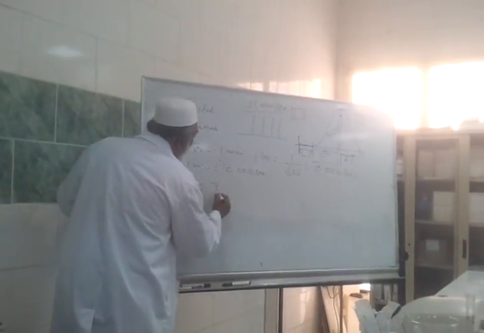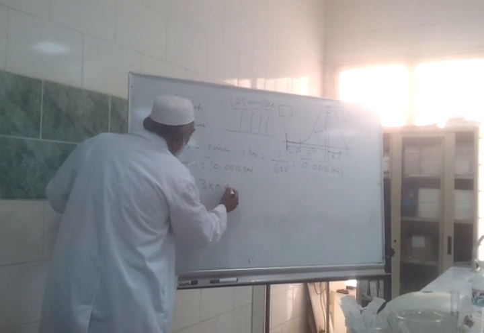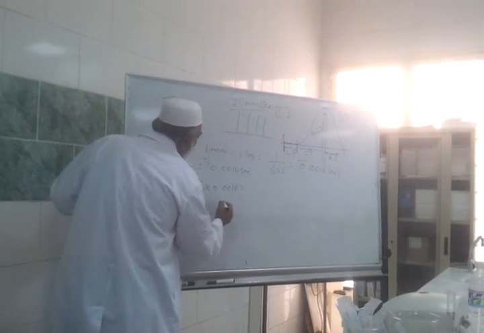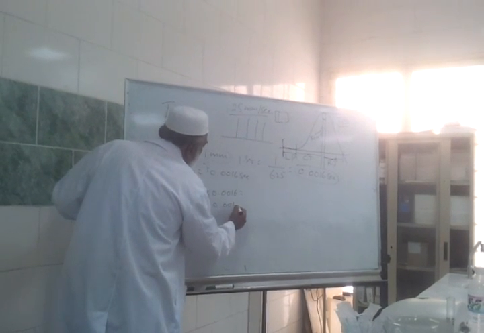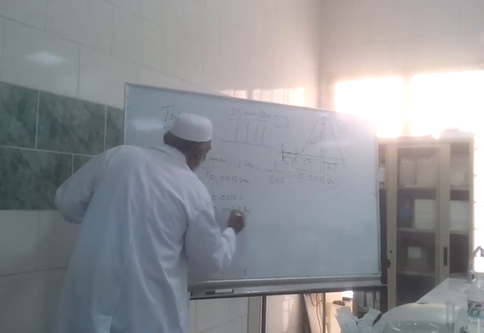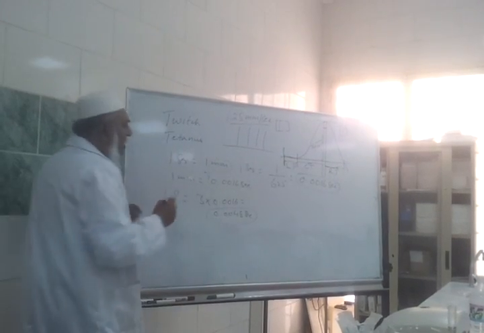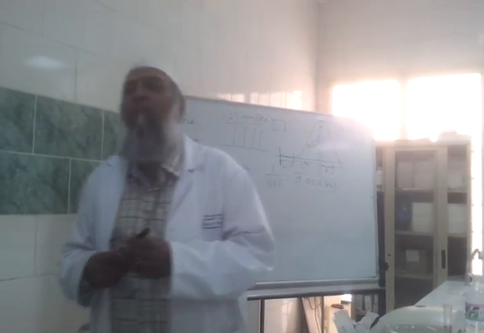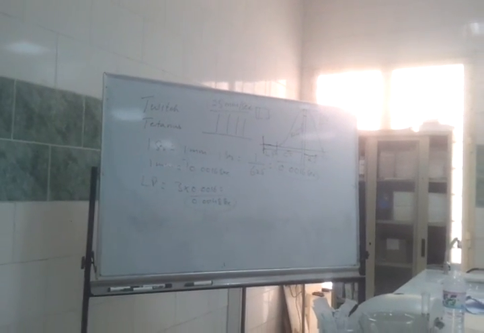So latent period will be equal to 3 multiplied by 0.0016, it becomes 0.0048 seconds. So now you can say that the latent period is 0.0048 seconds.